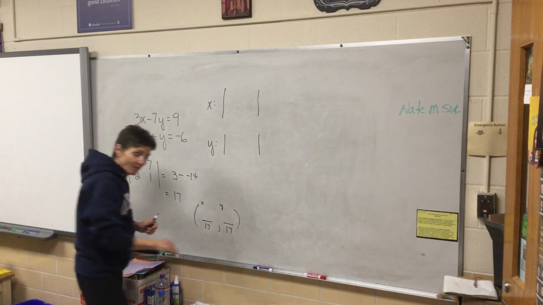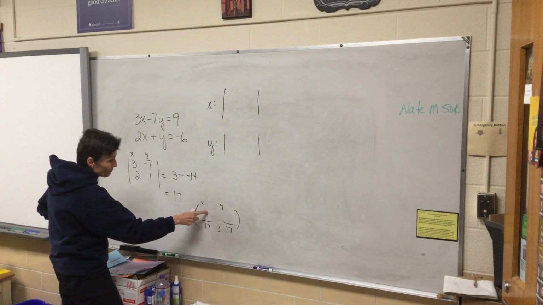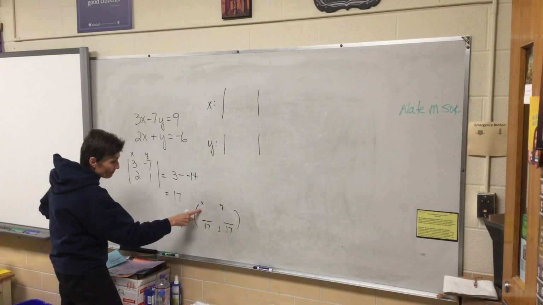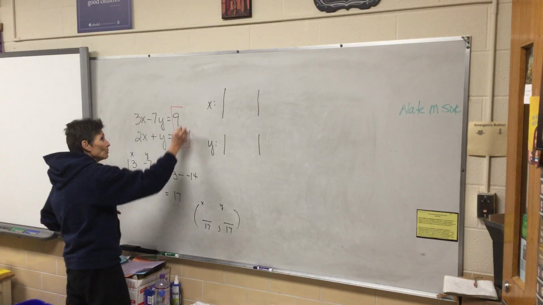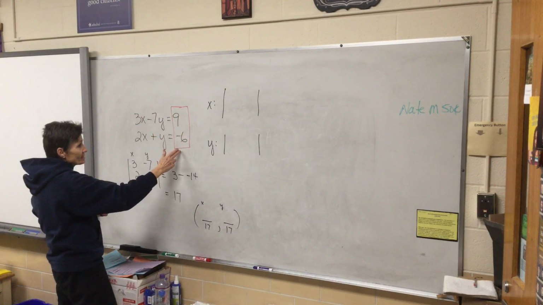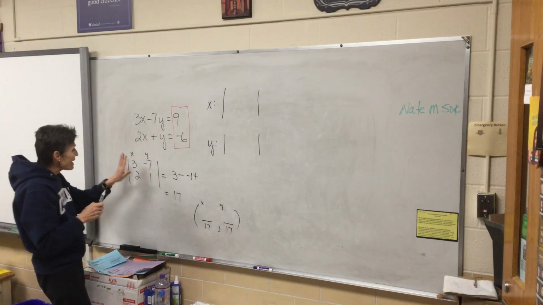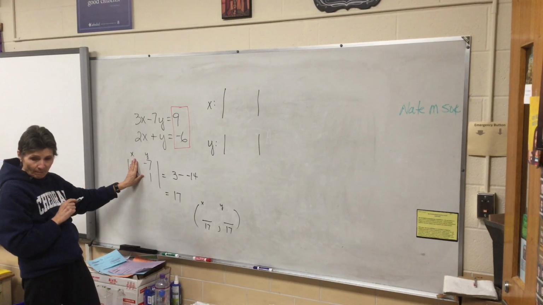When you are finding the x numerator, I'm looking for the number that's going to go right in here, the x numerator. To find the x numerator, cut out the constants. Pretend you have a pair of scissors. Cut out the constants and paste them on top of the x numbers.